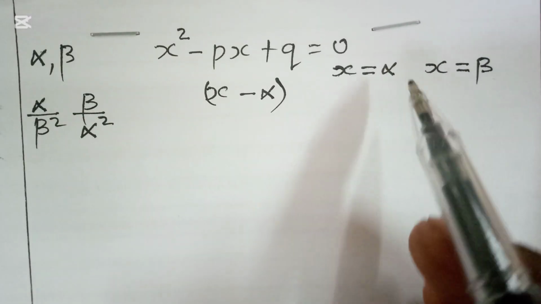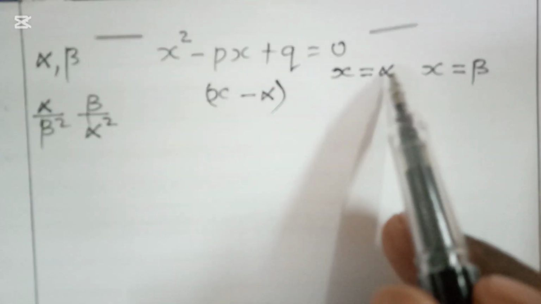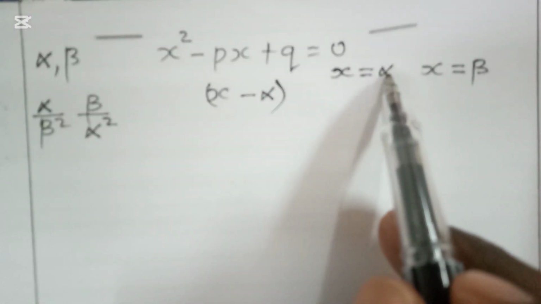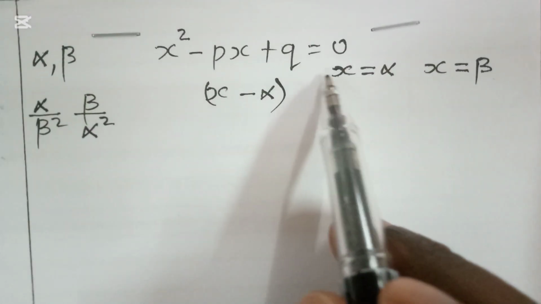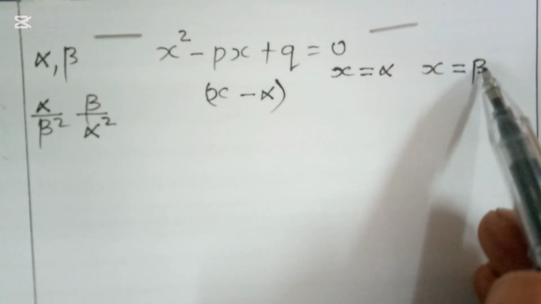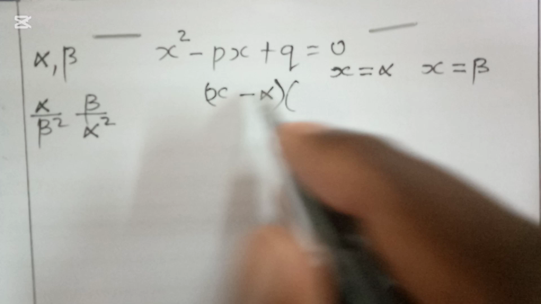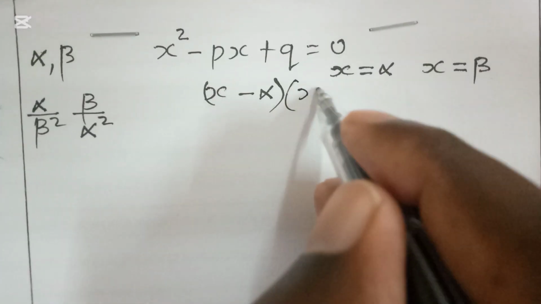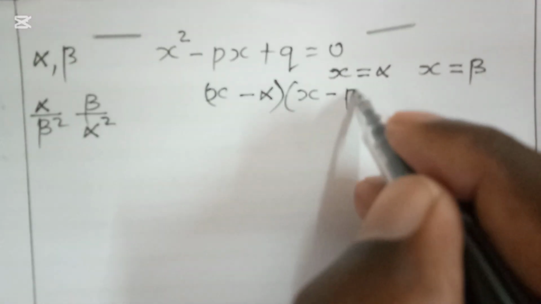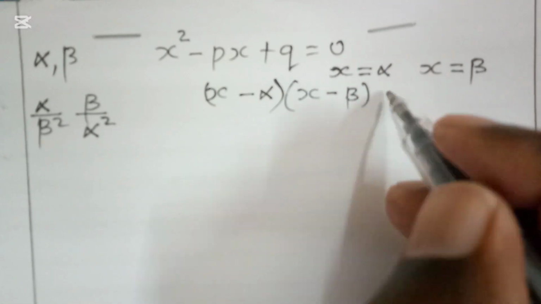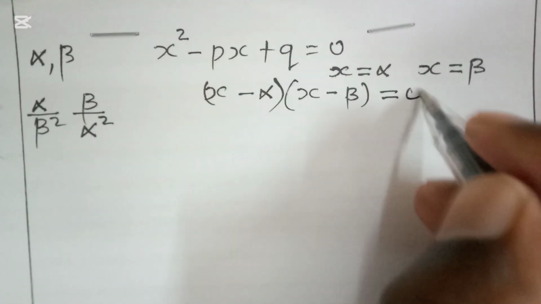So guys, we form two factors. We bring this alpha this side so that you have x minus alpha, and beta this side so that you have x minus beta. And that's what I was doing here guys. So x minus beta, this one now is equal to 0.